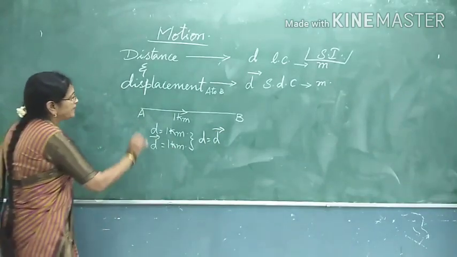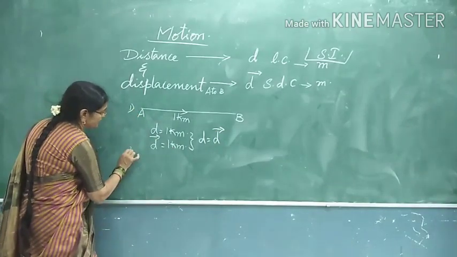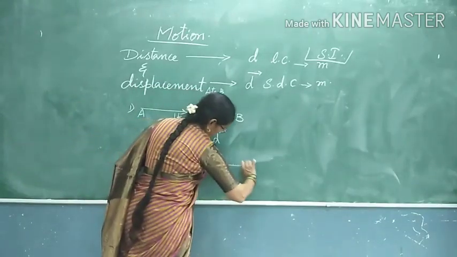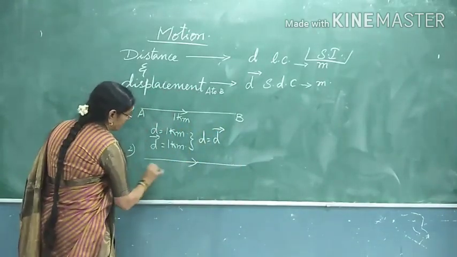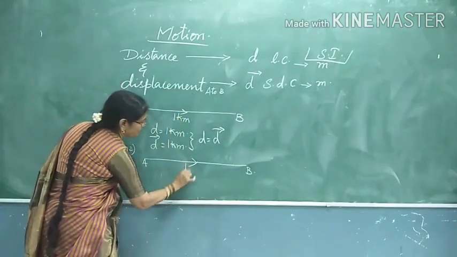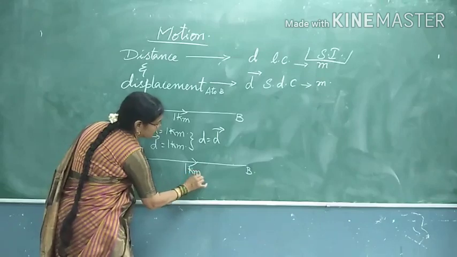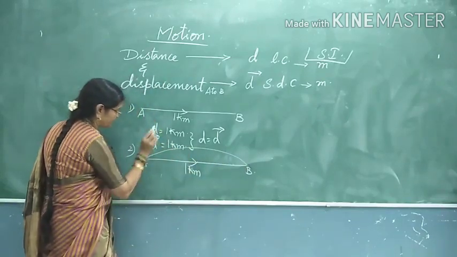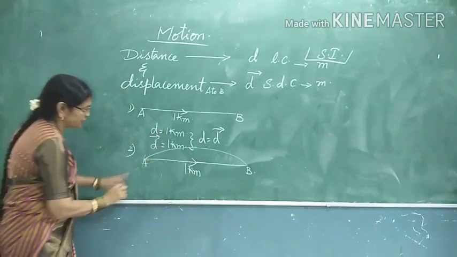Have you got it? Now, the second case. Suppose a body is moving from A to B. What is the distance I told? 1 kilometer. Again coming back from B to A. Now what is the initial position?